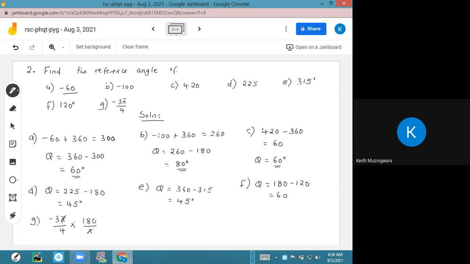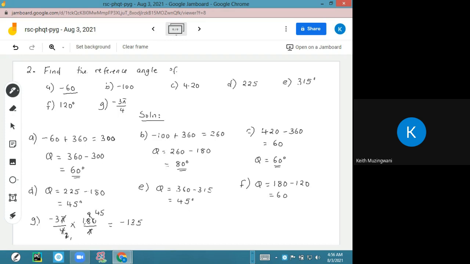So 4 here, 2 there... in 90, 45. 45 by 3. We get negative 135.